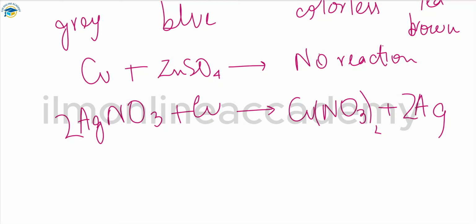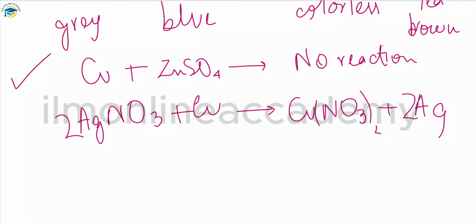The solution becomes blue because of the formation of the copper nitrate solution. How does this happen? Copper is more reactive than silver, so that's why copper can displace the silver in this reaction. But if we talk about the reaction of copper with zinc sulfate, it does not happen because zinc is more reactive.